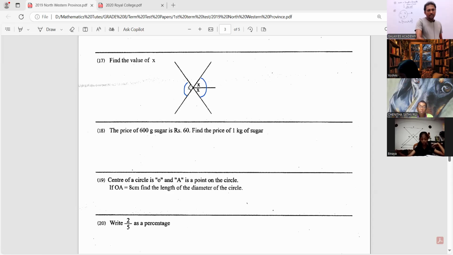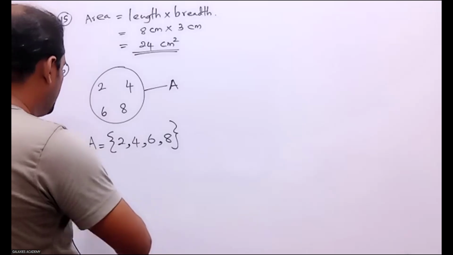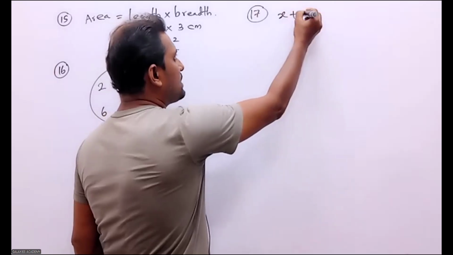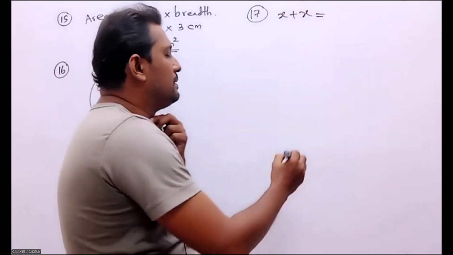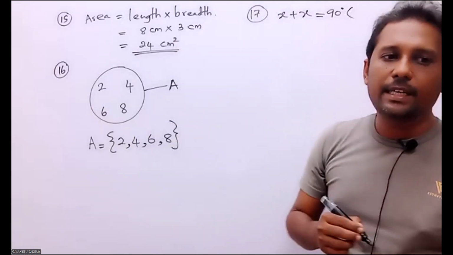So this 90 degrees and this angle, x plus x, should be equal because they are vertically opposite angles. This angle I can write as x plus x and this one is 90, so I can write the relationship. How can you write it? x plus x equals 90 degrees because they are vertically opposite angles.